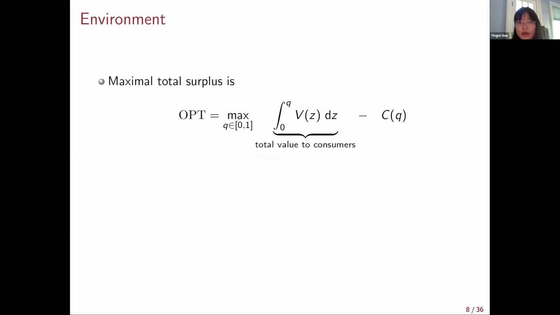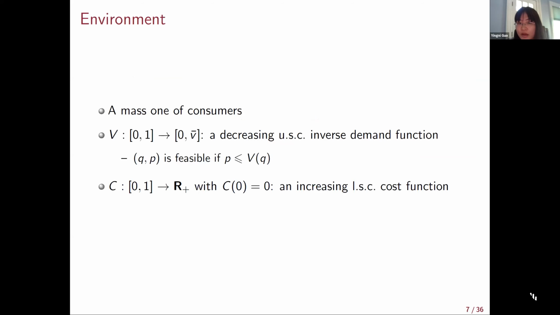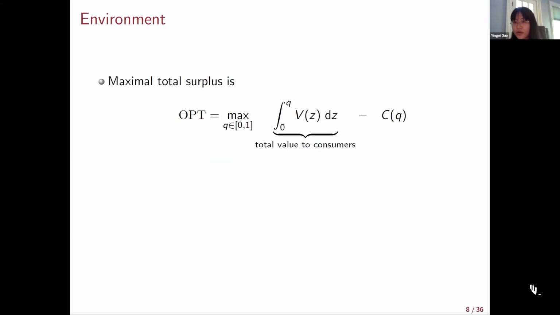Now, given a demand function V and a cost function C, we can calculate the total surplus when the firm produces a quantity Q. This is the total value to the consumers up to Q minus the cost of producing Q. So that's the surplus if the firm chooses to produce Q. And the maximum total surplus is to take the maximum over Q, and we use OPT to represent the maximum total surplus in this market.